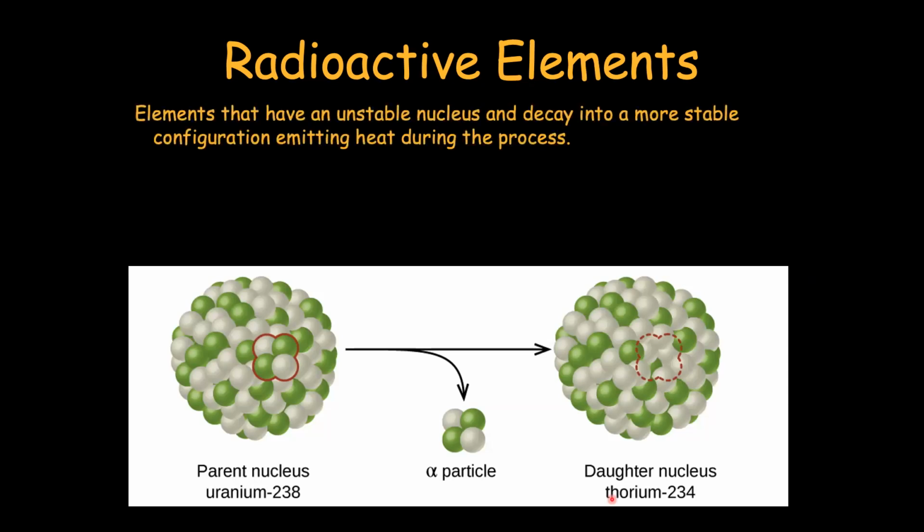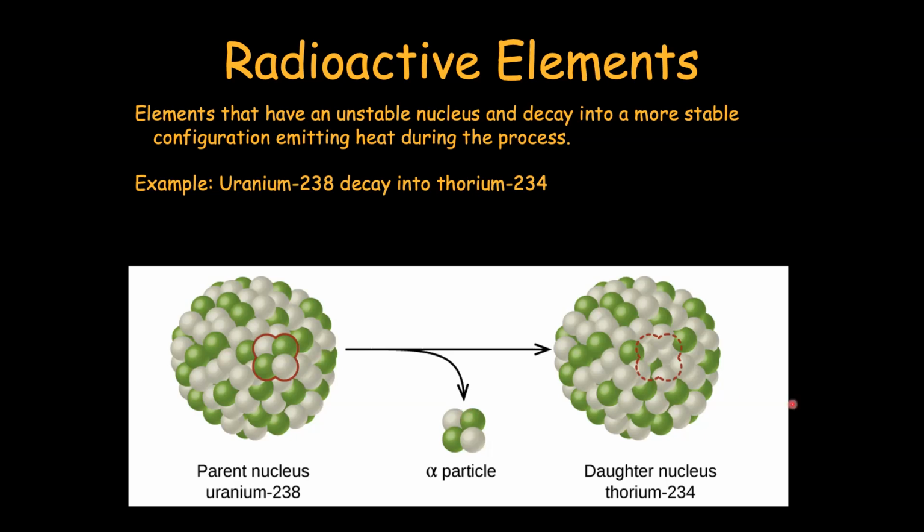These are elements that have an unstable nucleus, which can decompose spontaneously or decay into a more stable configuration and emit energy or heat when doing so. Examples of radioactive elements include uranium-238 that can decay into thorium-234 when 2 protons and 2 neutrons are removed with an alpha particle.